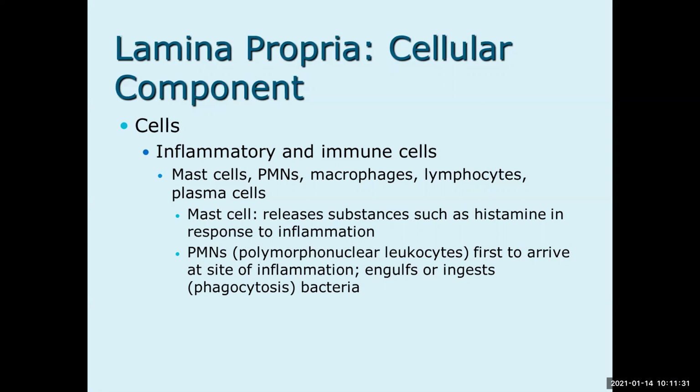So we've got our PMNs, which are the first line of defense. They arrive first at the site of inflammation. They are phagocytes. They engulf and ingest the bacteria. So what is the first line of defense for inflammation? It's your PMNs, your neutrophils. There are certain diseases and conditions in our body that decrease our body's ability to produce PMNs and neutrophils.